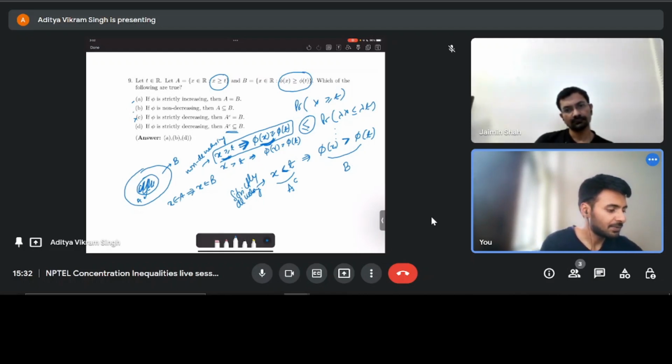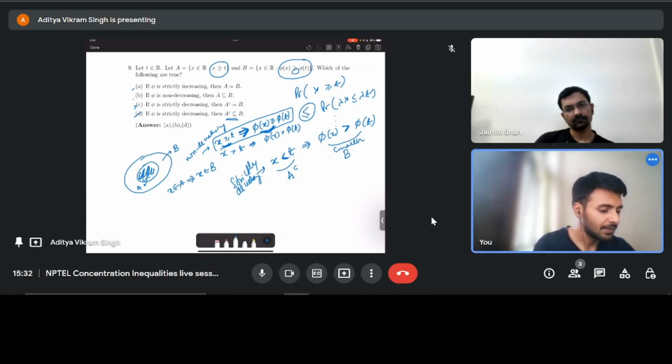This is smaller than B. B is a bigger set because B also has this equality part here. So this is given by D: if phi is strictly decreasing, then A complement is a subset of B, because we will have this equality here.